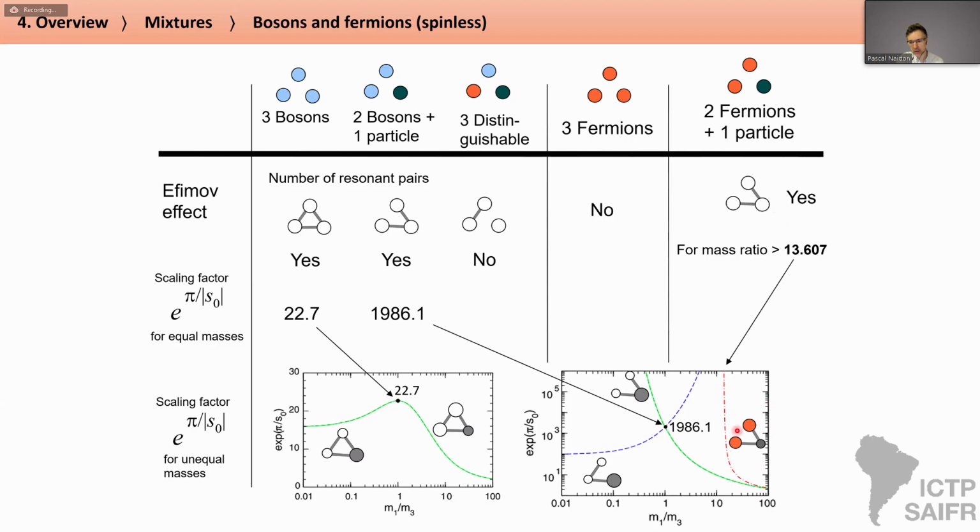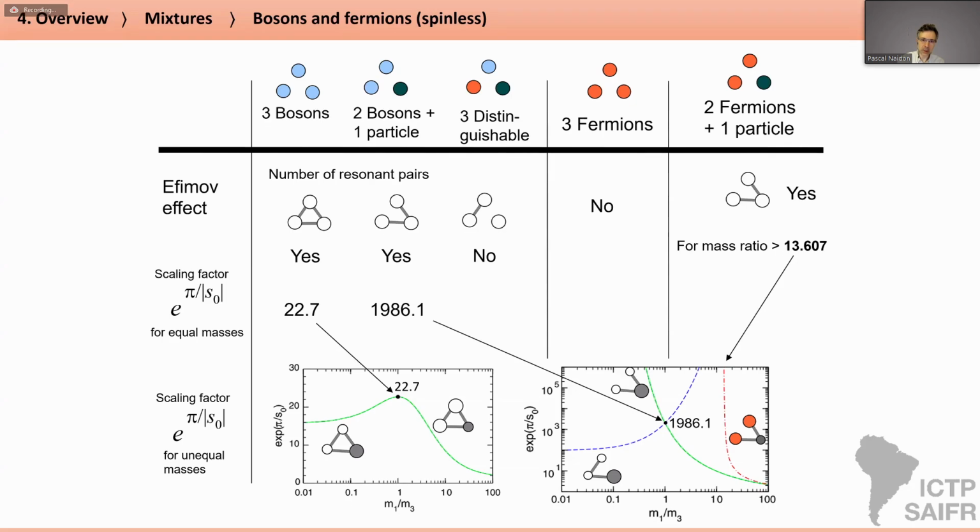And for very heavy fermions interacting resonantly with another particle, eventually you get something similar to what happens for two heavy bosons interacting with another particle. So it's actually, as you can see, possible to have the Efimov effect even when you have some fermions in your system. And we will have a simple understanding of this with the Born-Oppenheimer approximation.